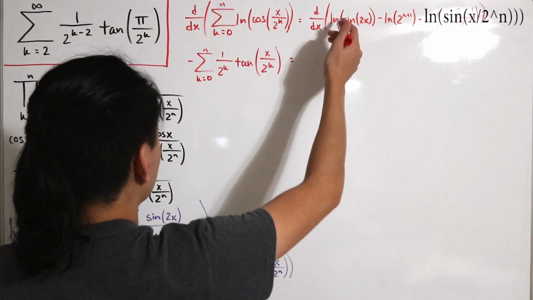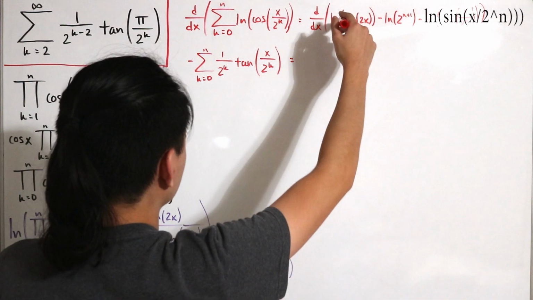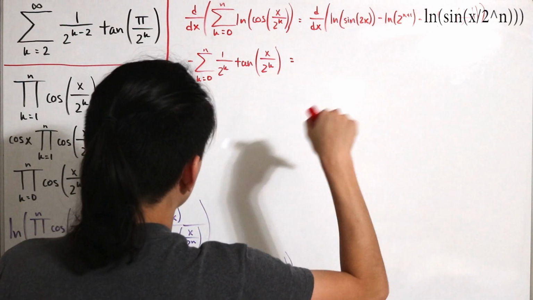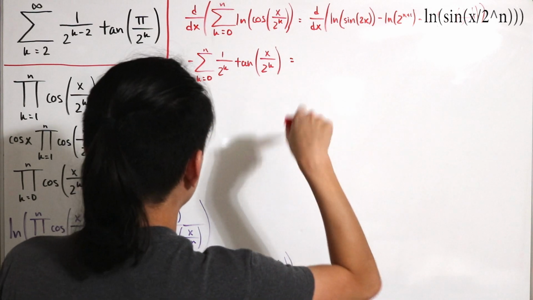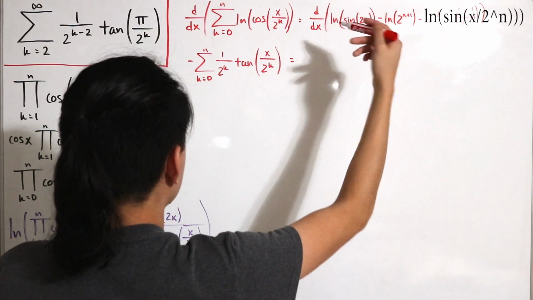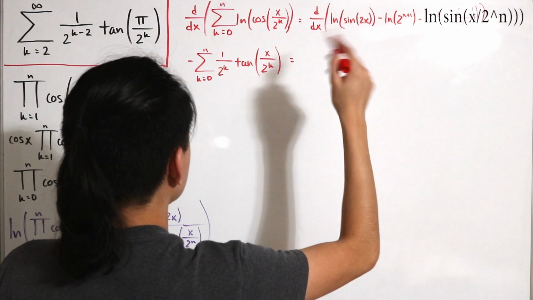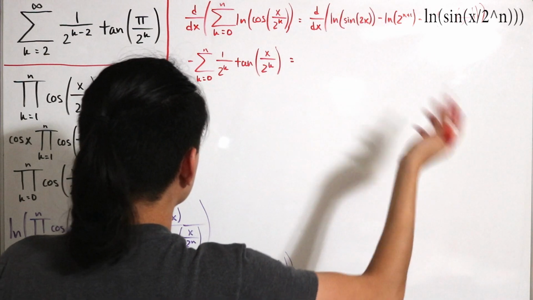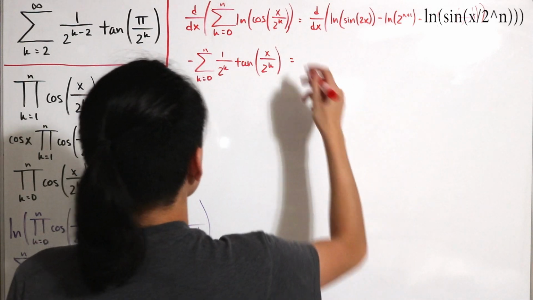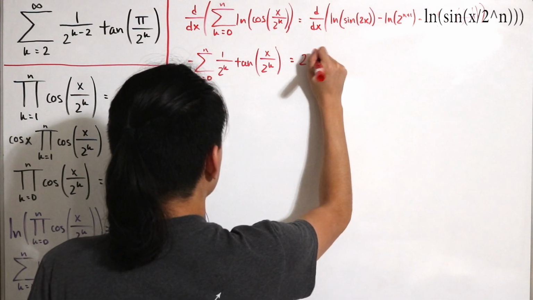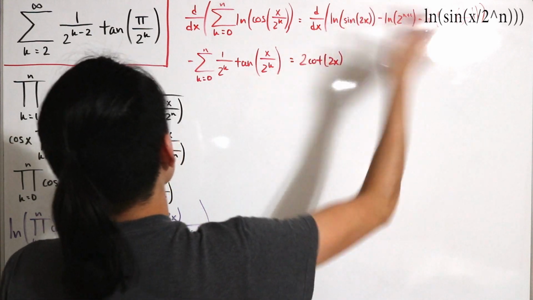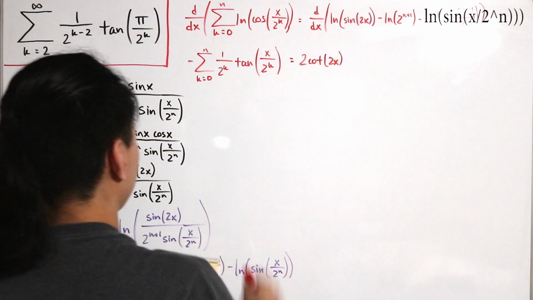Okay, so now taking the derivative of the right-hand side, what we'll get is that natural log of sine of 2x, that's 1 over sine of 2x multiplied by the derivative of this, that's cosine of 2x, then the derivative of the input, which is 2. So you write cosine 2x over sine of 2x as cotangent, so we have 2 times cotangent of 2x. Then the derivative of this is just a constant, so that's 0, so that just vanishes.